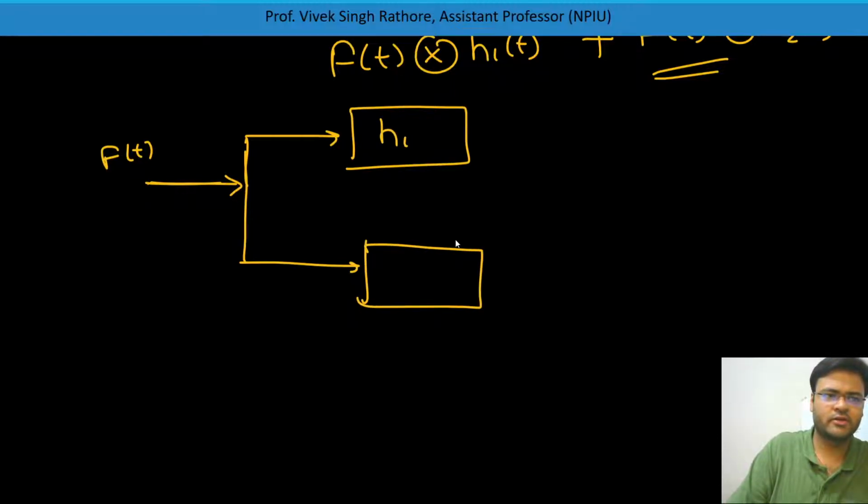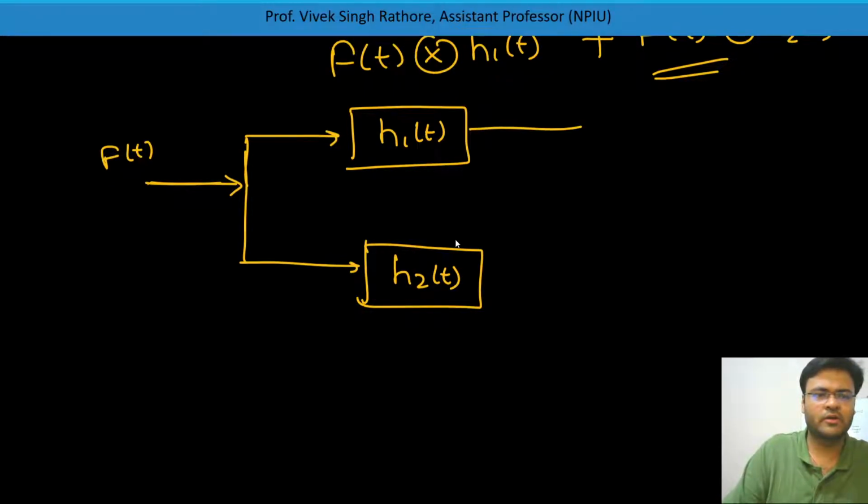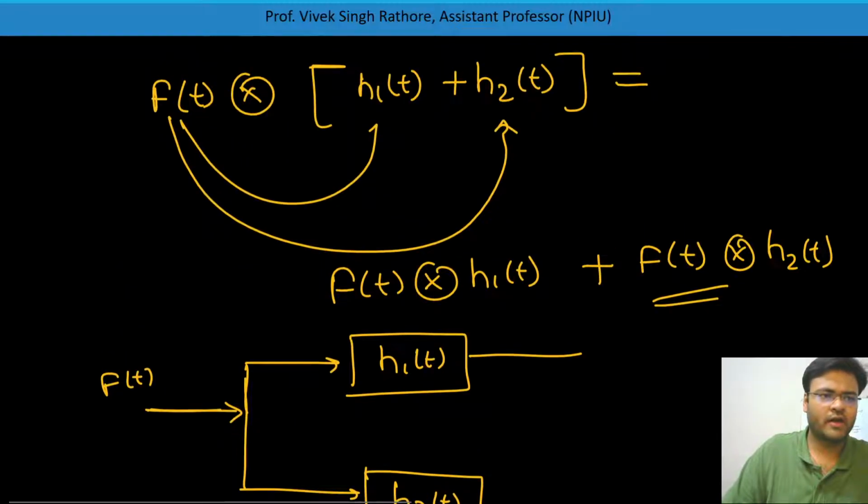Let's suppose h1(t) is there and this is h2(t), and you are getting output as f2(t).